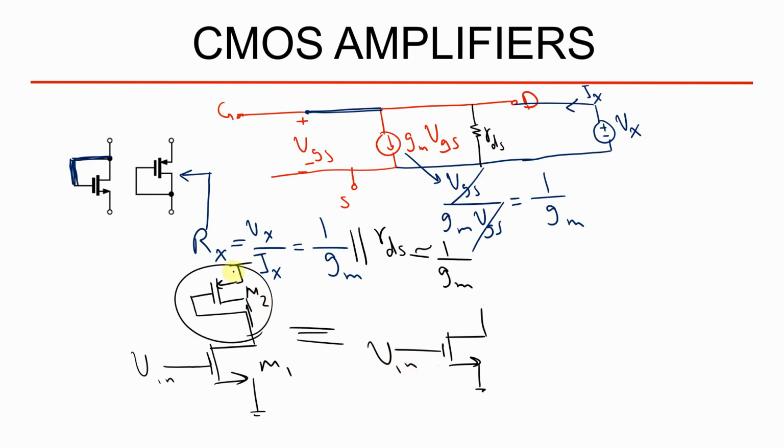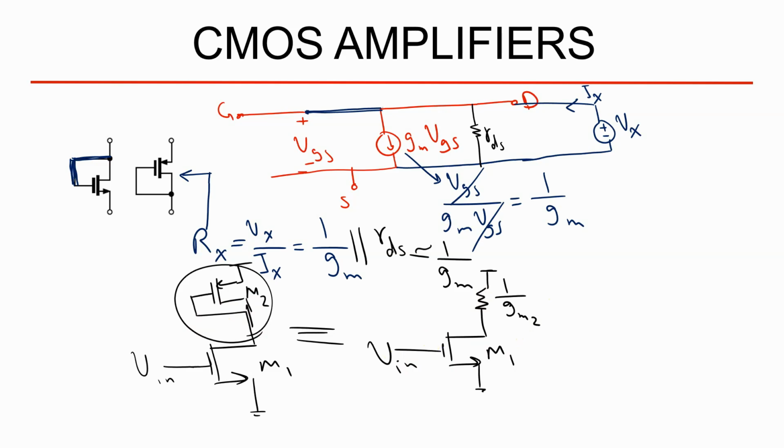I just remove this transistor and put this resistance instead of it. The value of it is 1 divided by GM subscript 2, because this is for the M2 transistor, and with that you can simply calculate, for example, the voltage gain of this amplifier or the output resistance, whatever you want.